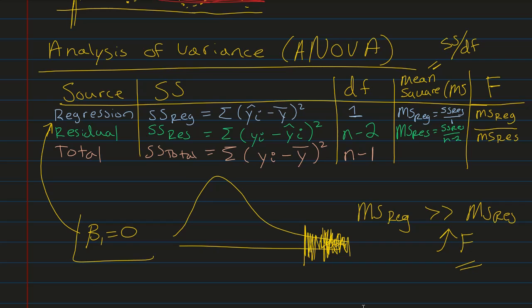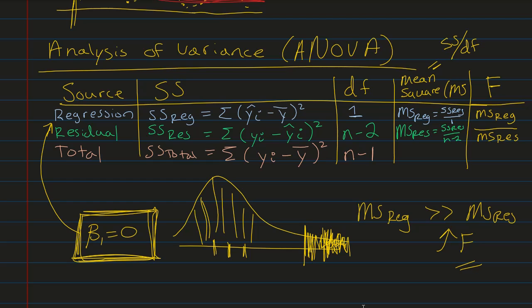If this is true, right, this distribution that the slope is equal to 0, then we'll probably observe an F value that's likely, right, in this area over here, a likely F value. So a likely F value is going to be a small F value.